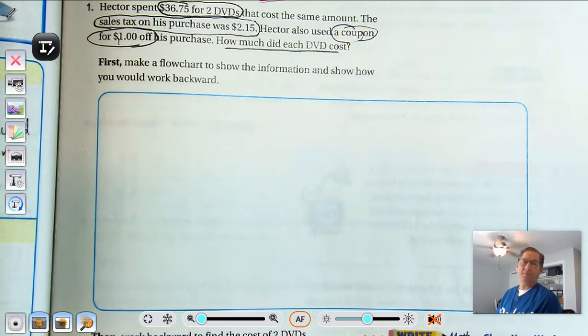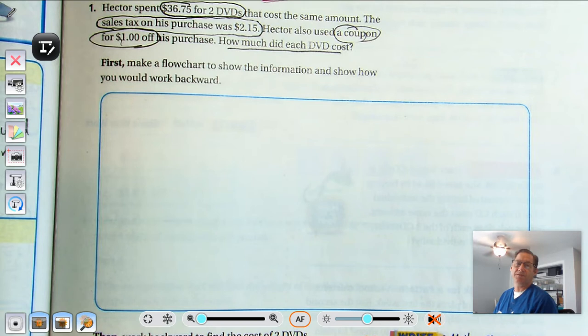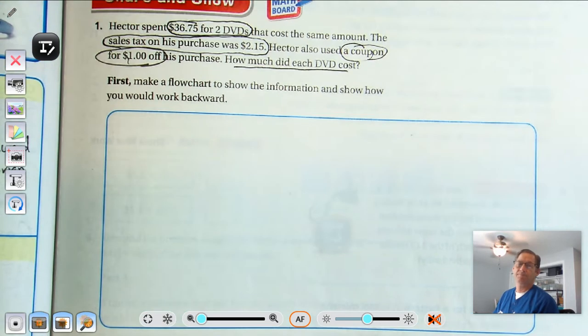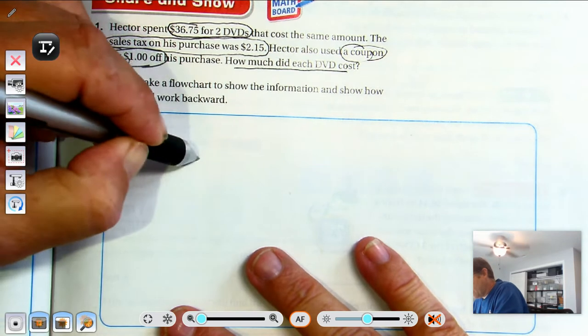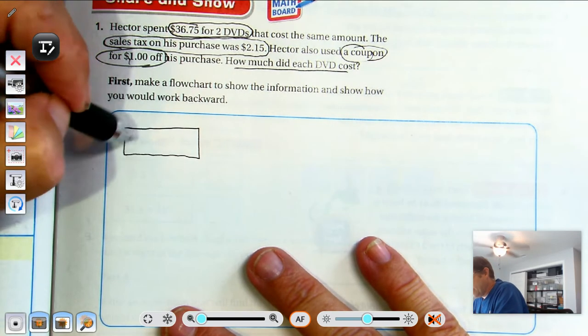All right, so step 1, make a flow chart to show the information and show how you would work backward. All right, so what's the first thing? Well, we know that it has to be the cost of the 2 DVDs, right?